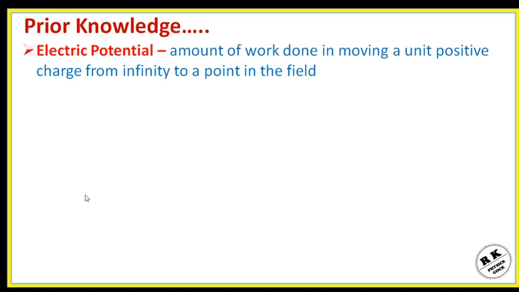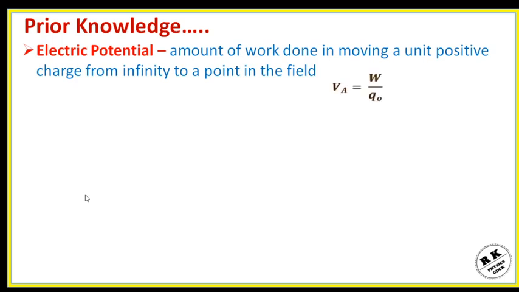These things are essential for our current tutorial. First one is electric potential. We know that electric potential at any point in the electric field is defined as the amount of work done in bringing a unit positive charge from infinity to a point in the electric field.